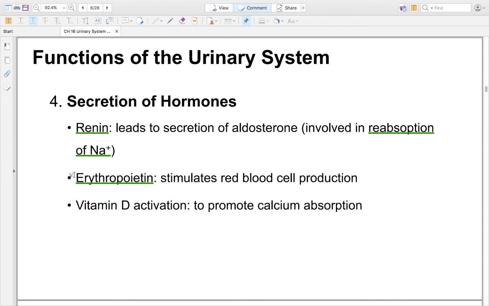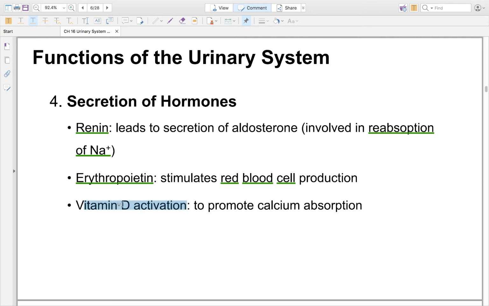The other one's called erythropoietin. Erythropoietin is responsible for stimulating the production of red blood cells. Remember, these are called erythrocytes, so that's a good way to remember this particular function. And vitamin D activation.